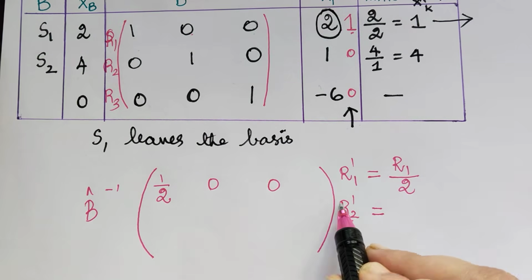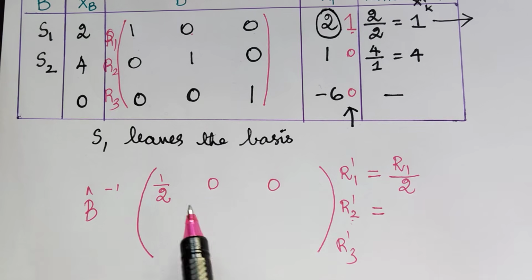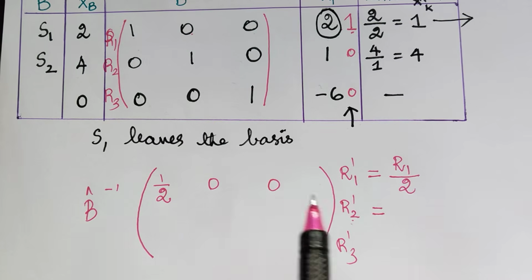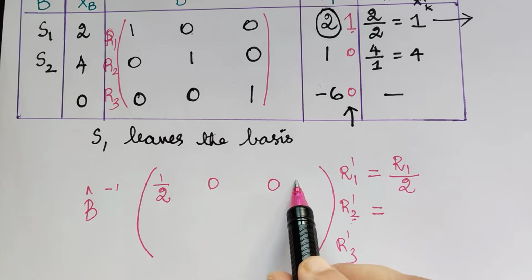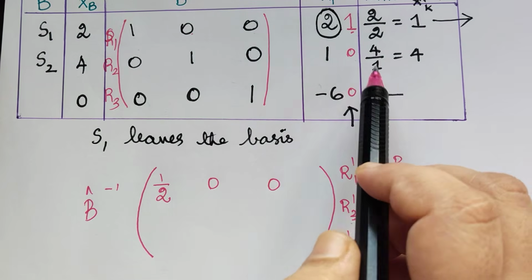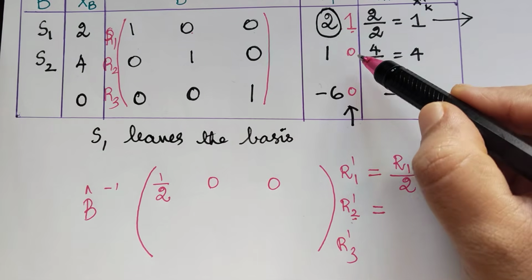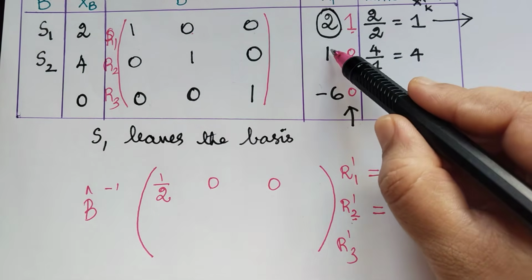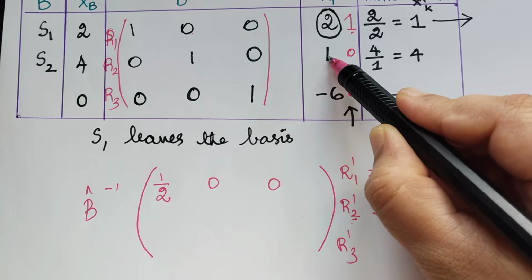Now remember, this row 2 dash has to be obtained from the row 1 dash that we have recently obtained. So row 2 dash is a new row, obtained from row 1 dash, making this element 0 in row 2. We want to make this key column entry in R2 as 0.